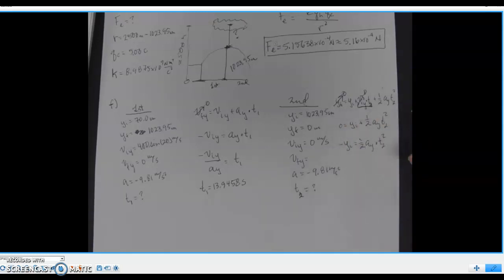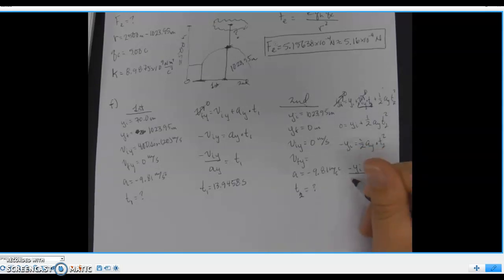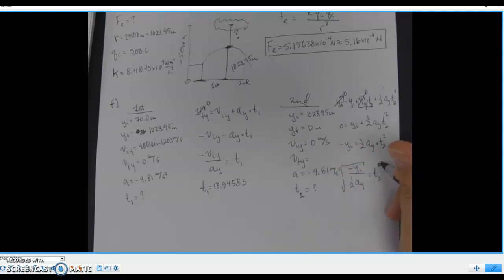I'll divide by the 1/2 in the acceleration. And then I'll take the square root of both sides. So our second time will be the square root of negative y initial divided by 1/2 acceleration in the y.